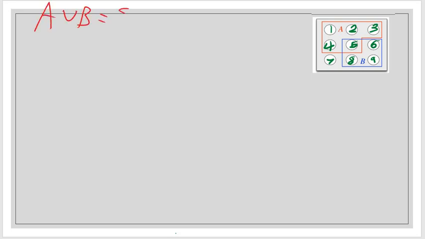So I'll write that again quickly. 1, 2, 3, 4, 5, 6, 8, 9. Now you remember our sample space S. So if I have this, which is counting as everything, it's the set including the numbers 1 through 9. So if I want the complement, that means I want everything that is in the sample space S that is not in A union B.